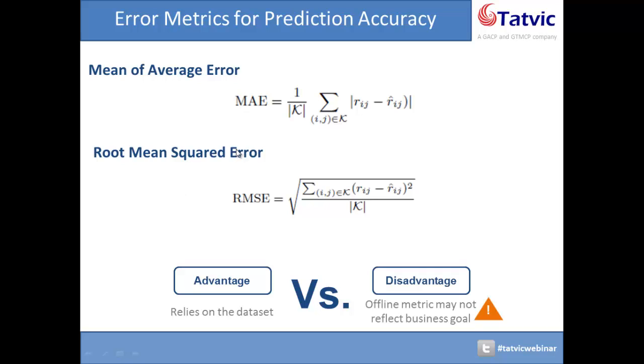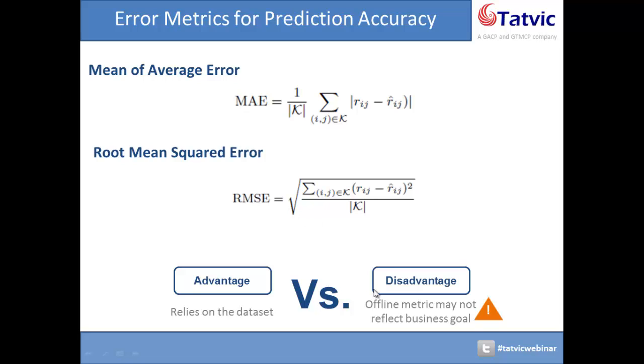So these were the steps of recommender model creation. We also discussed evaluation of the recommender model. Here we have one advantage: the more data we have, we can evaluate this model using this error metric, and we can have a better model based on that data set.